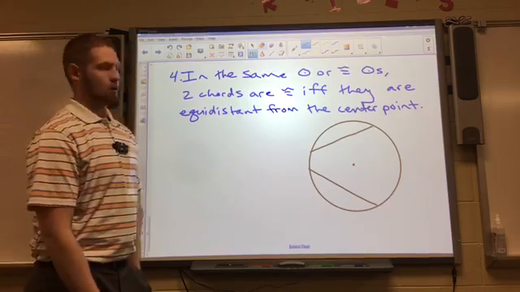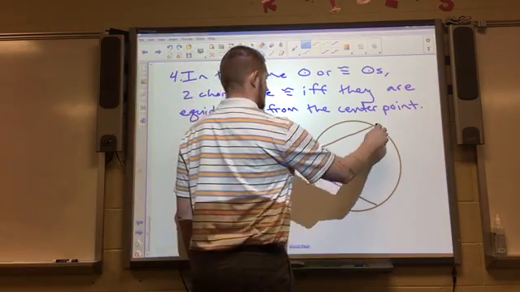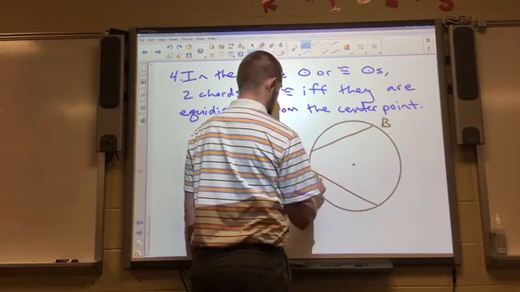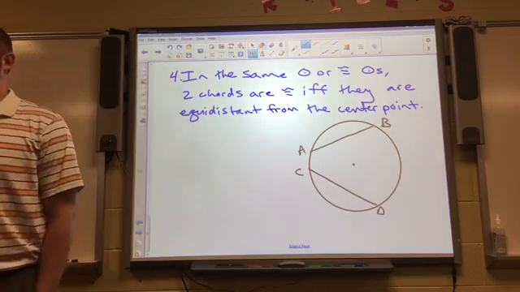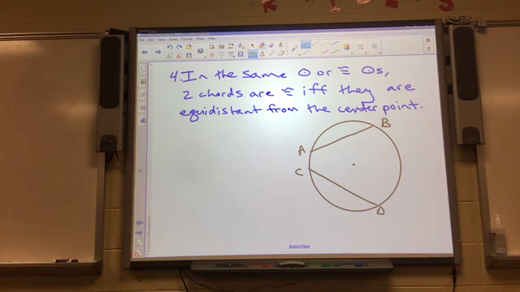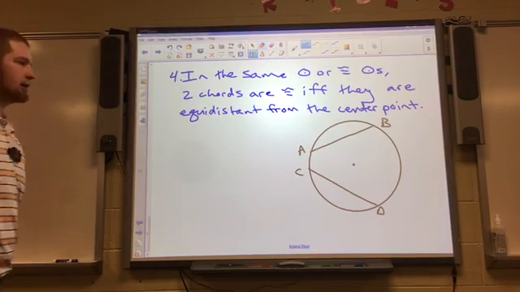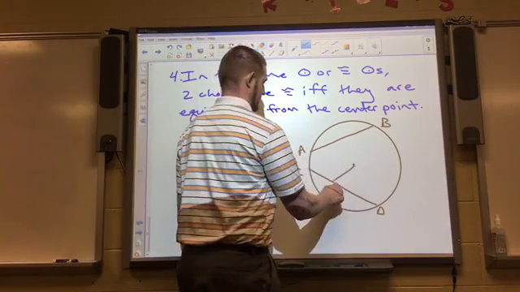Now, from our past experience, when I measure a distance to something, what type of angle needs to be formed? A right angle. Okay, I'm not going to measure the distance like this.